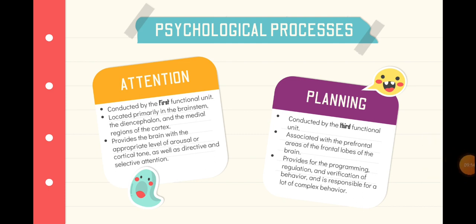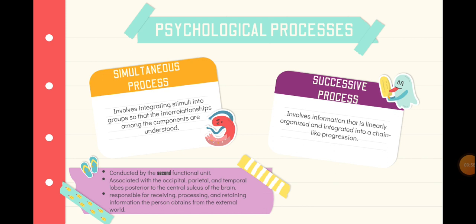And then we will skip first to the second functional unit. In the second functional unit, there is a simultaneous process and a successive process. So these are conducted by the second functional unit, and it is associated with the occipital, parietal, and temporal lobes posterior to the central sulcus of the brain.